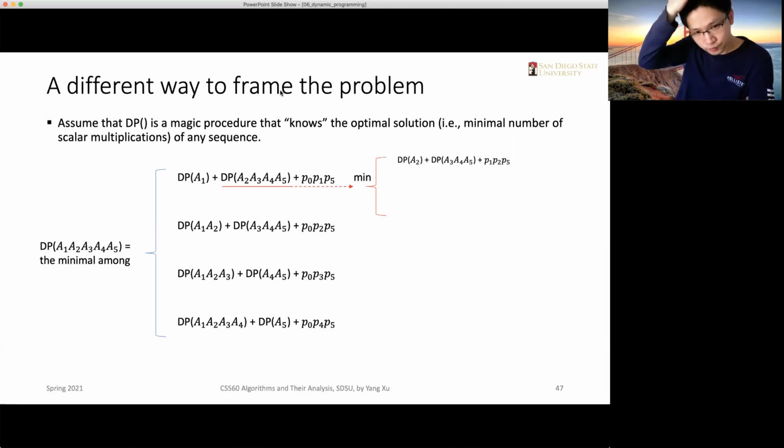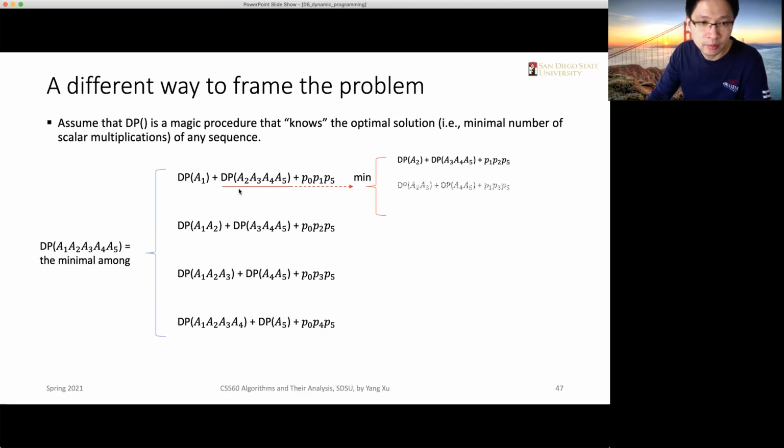So now we can do a further split, because DP is a magical function, but in order to decompose the whole thing down to the ground, we should further decompose this subproblem.